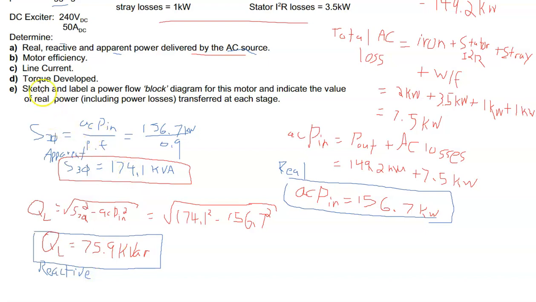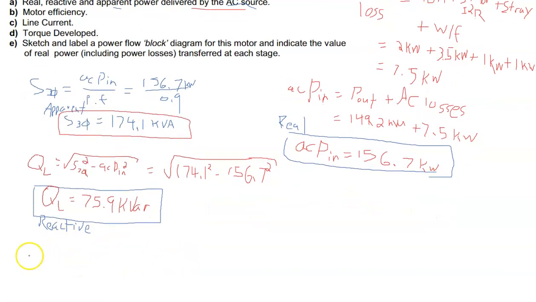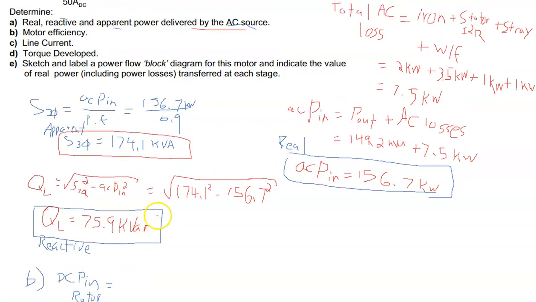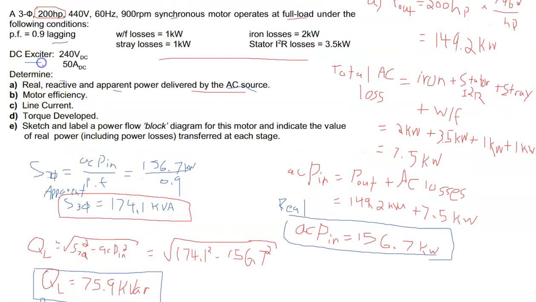All right. Okay, now part B, we want to calculate the efficiency of the motor. And so remember that the efficiency wants the total power in. So the DC power in is the rotor circuit, and that is equal to, now the numbers we've been given for the exciter here, we'd consider them to be V_DC or V_X, and I_X is the exciting current.